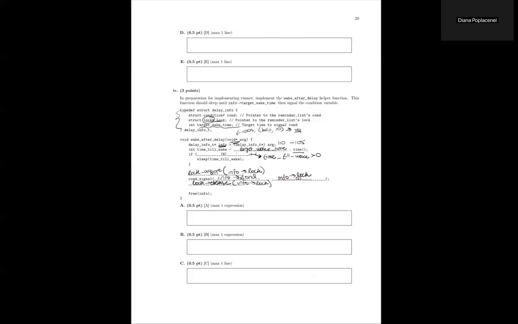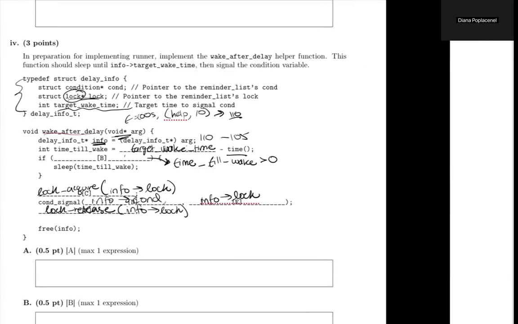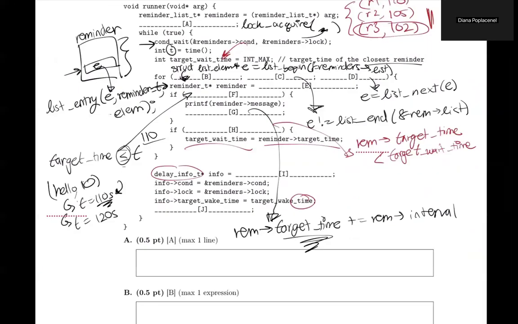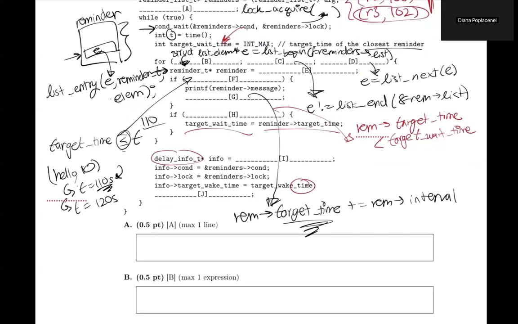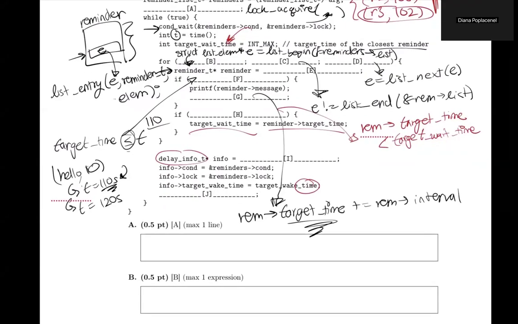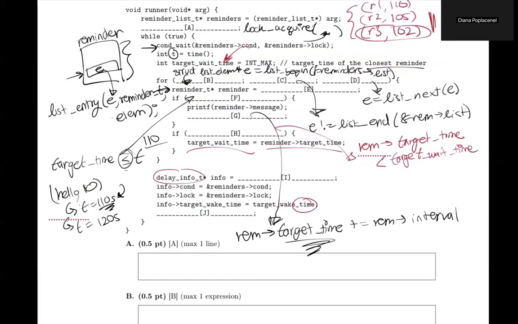And if we remember from the previous part, we use a delay info struct in this wake after delay function, which is going to sleep for some amount of time until we need to print the next reminder. So that gives us some more intuition of how runner and wait for delay are related.